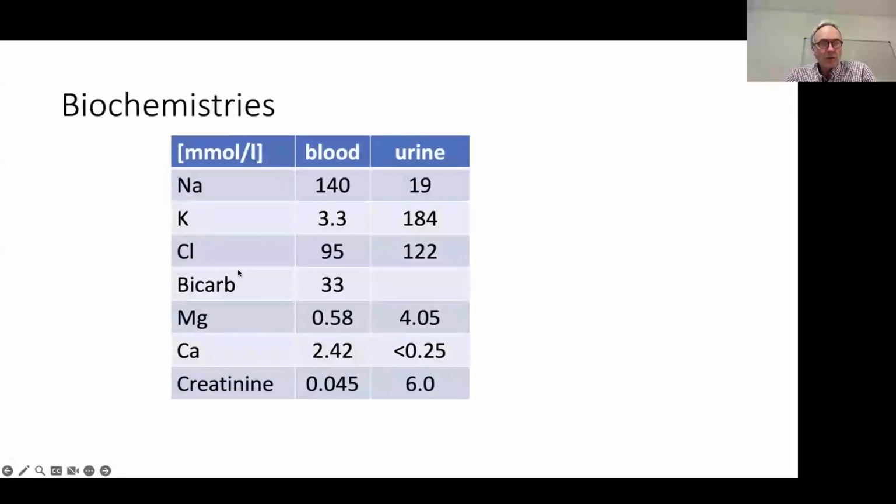So you see hypokalemic, hypochloremic, metabolic alkalosis with hypomagnesemia and hypocalciuria. This is not an interactive lecture right now, but think about the diagnosis. What could this be?